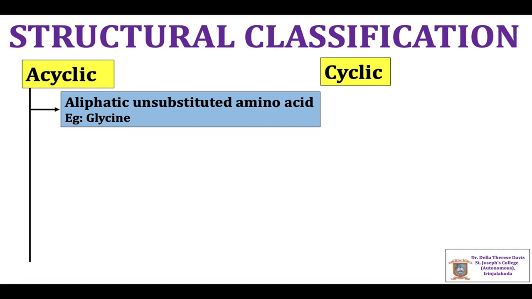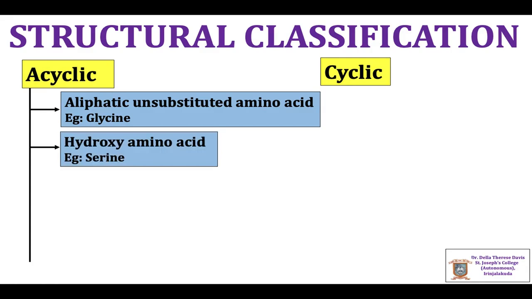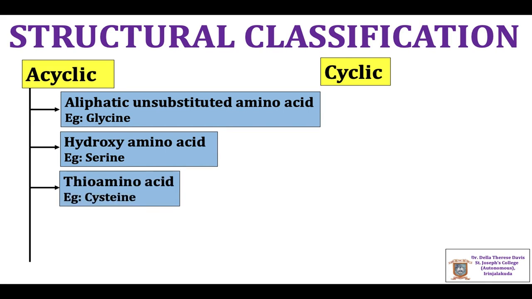First is aliphatic unsubstituted amino acid. Example, glycine. Next is hydroxy amino acid. The amino acid contains an OH group. Example is serine. Thioamino acid contains an SH group. Example cysteine.